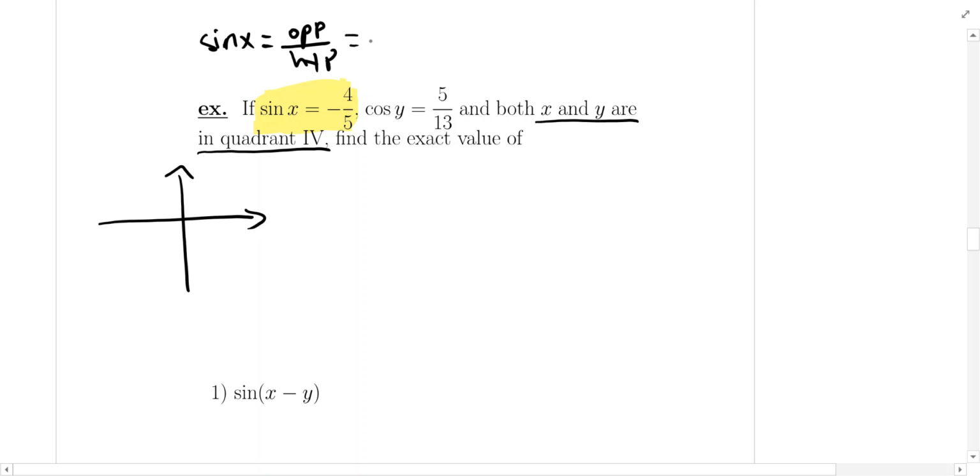I know that hypotenuse is always positive, so hypotenuse is 5 and negative 4 for x. And then cosine of y equals adjacent over hypotenuse. And that gives me 5/13.